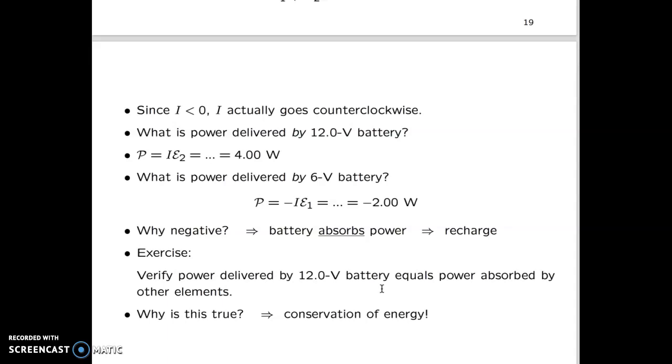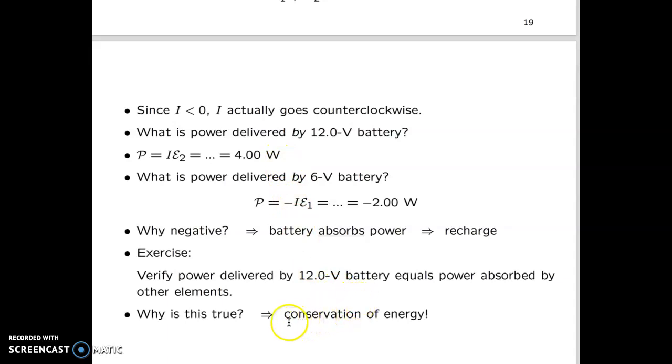If you sum the power absorbed by the 6 volt battery and the power created in the 2 resistors, it should sum to be, not 12, it should sum to be 4 watts. Okay, which is the power delivered by the 12 volt battery.